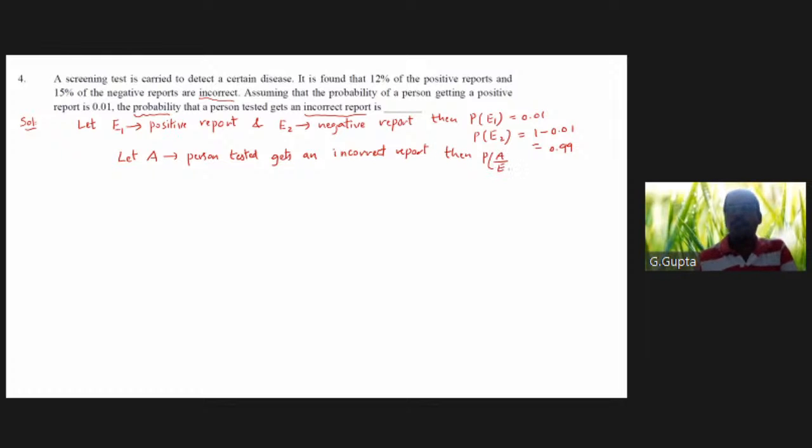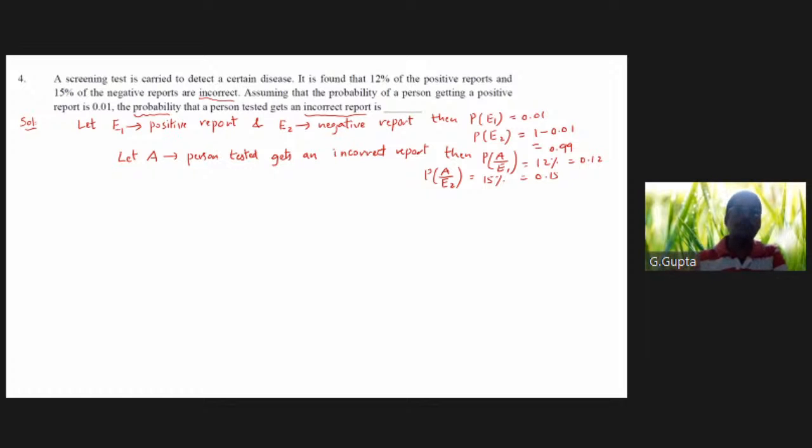What is the meaning? From positive reports, the person gets an incorrect report. How much is it given? 12%, nothing but 0.12. And P of A given E2. From negative reports, how many persons tested get an incorrect report? That is 15%, nothing but 0.15.